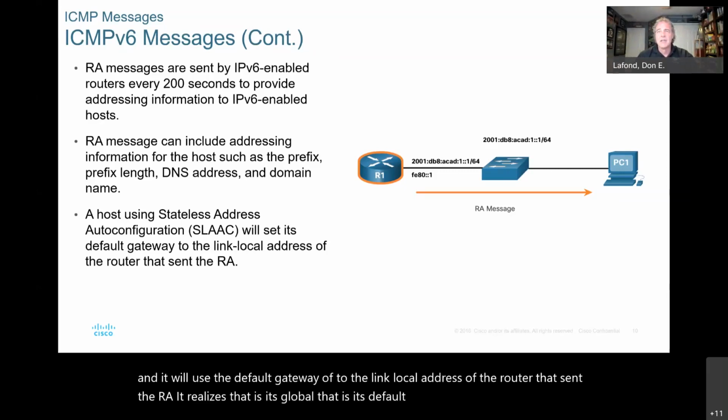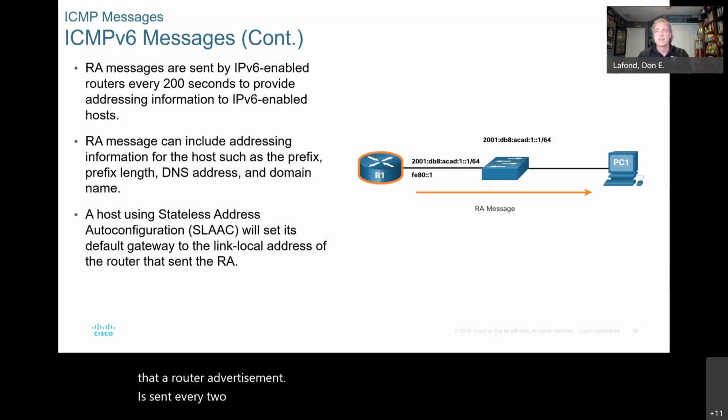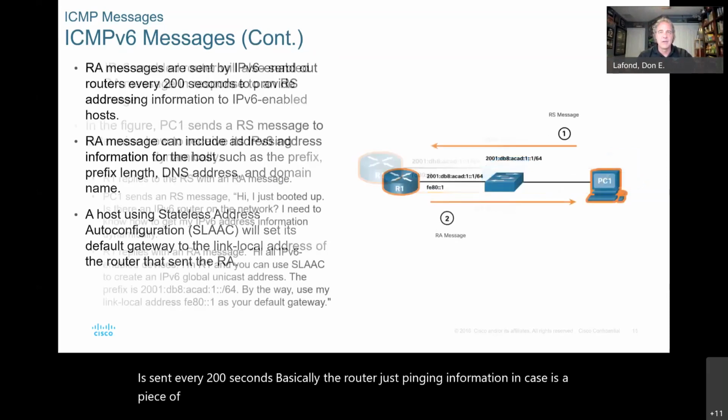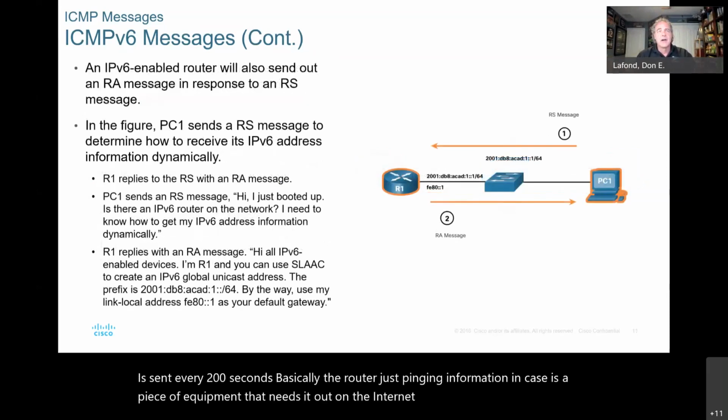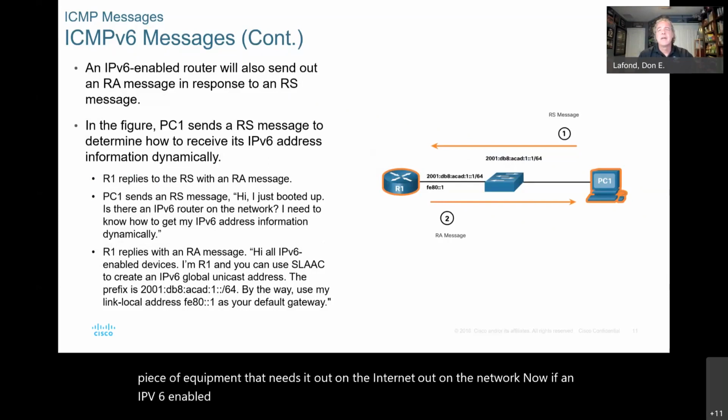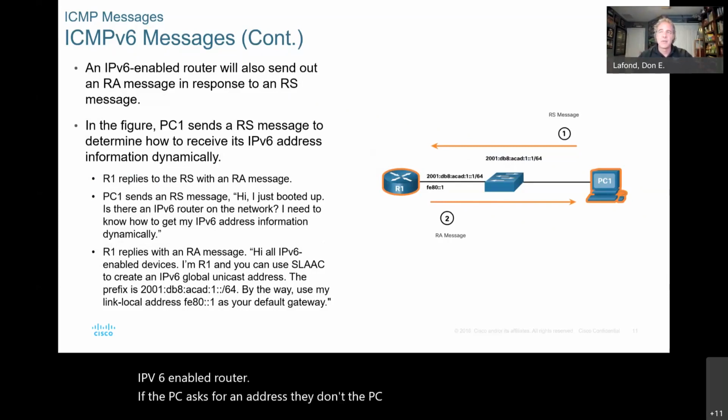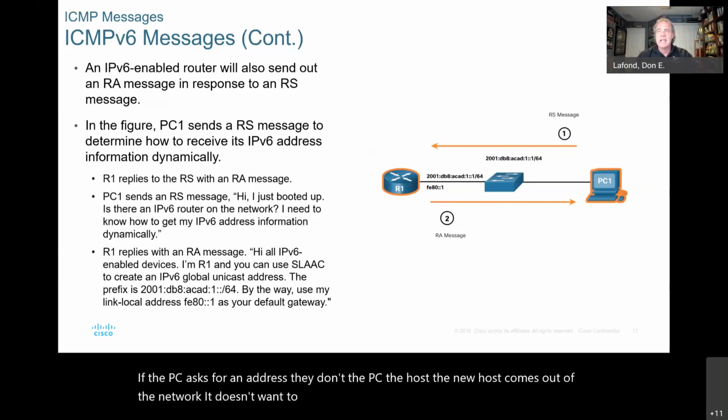Now here you notice that a router advertisement is sent every 200 seconds. Basically, the router is just pinging information out on the network in case there's a piece of equipment that needs it. Now, if a new host comes on the network and asks for an address, it doesn't want to wait 200 seconds, so it can send out a router solicitation message asking the router for that information.